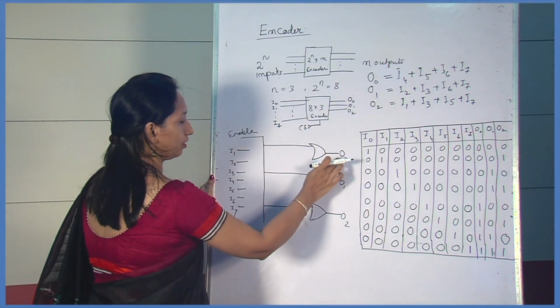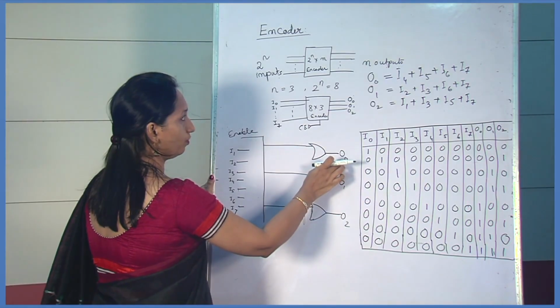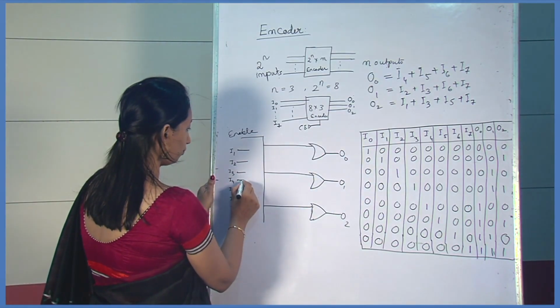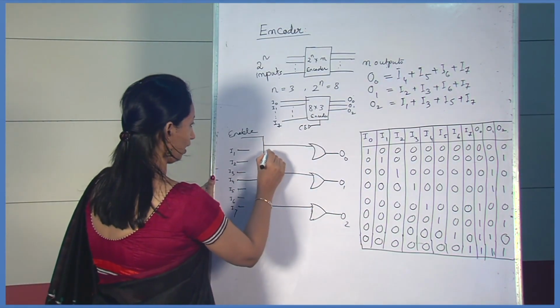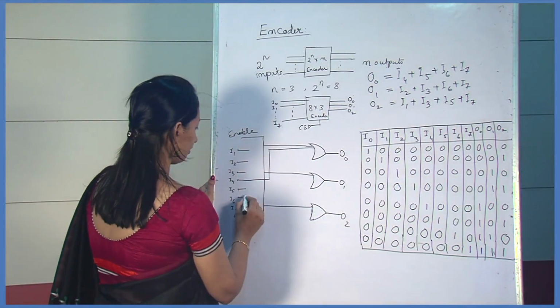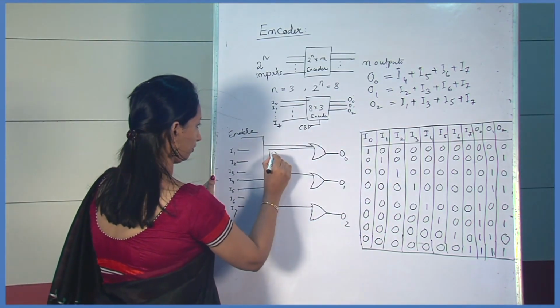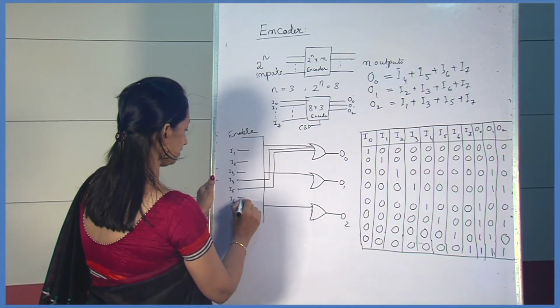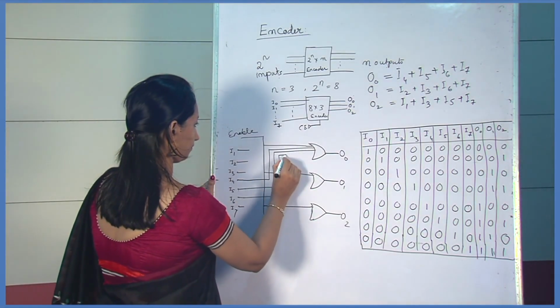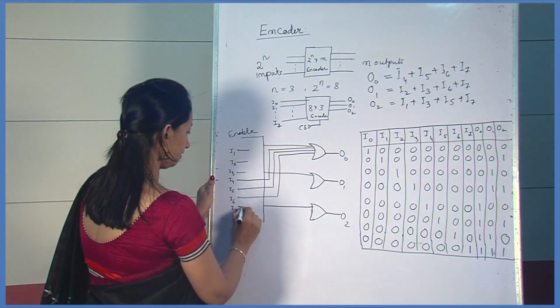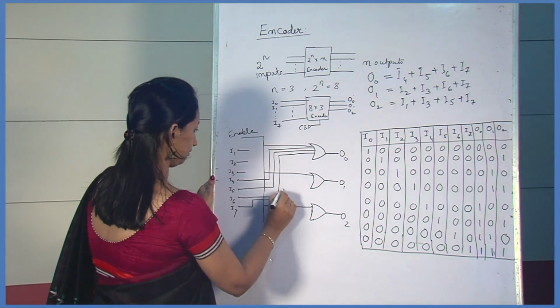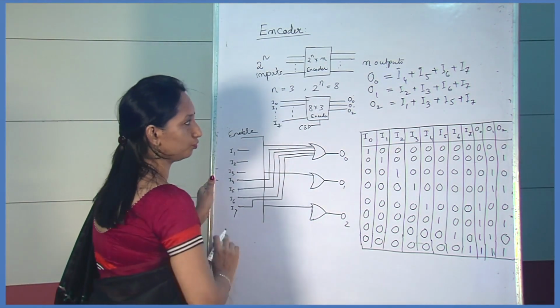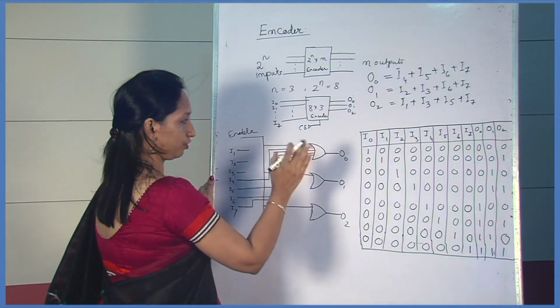So for output O0, this I4, then I5, then I6 and I7. So these are the inputs for O0.